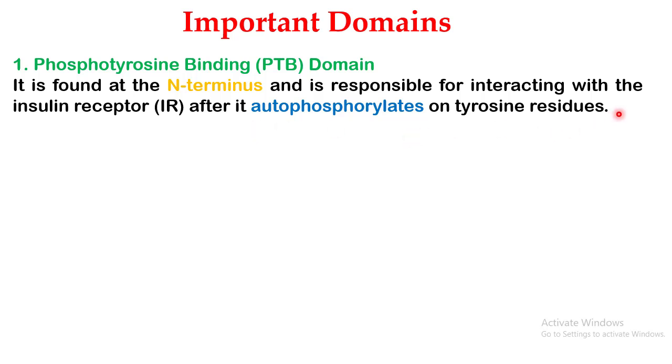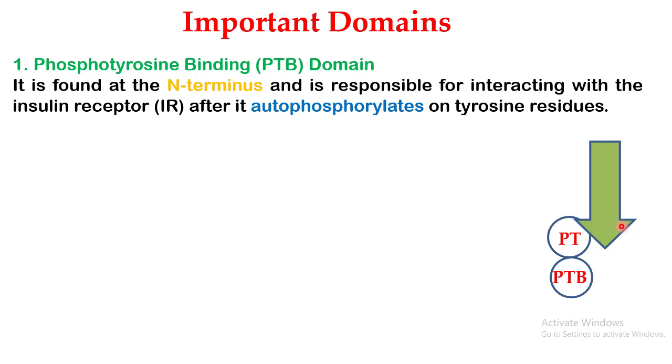You can simply say you have got the phosphotyrosines on the beta subunit of the insulin receptor. The IRS is going to utilize its PTB domain to bind to it. For example, if this is the beta subunit of the receptor, you have got the phosphotyrosines over here. The IRS is going to utilize its PTB domain to bind to the activated receptor.